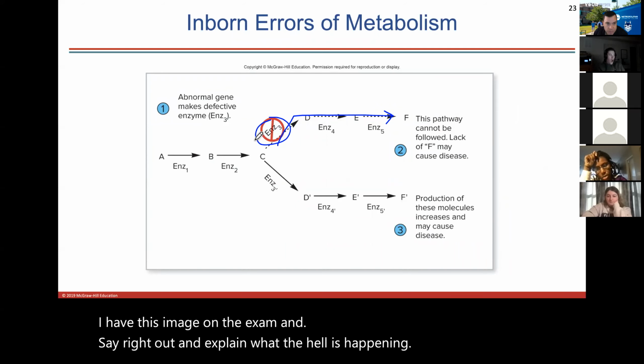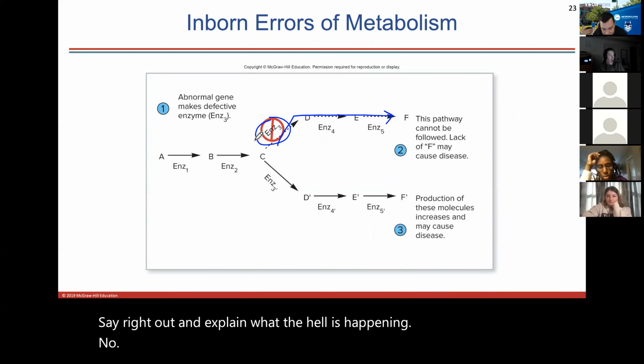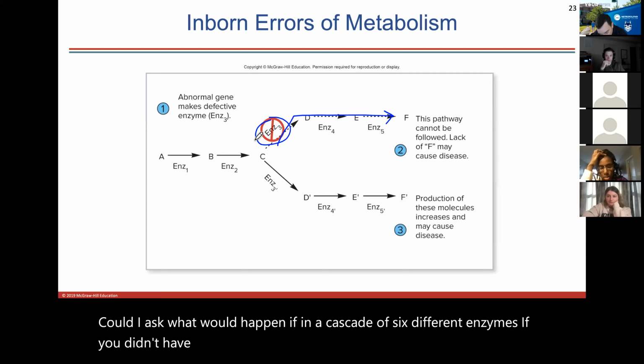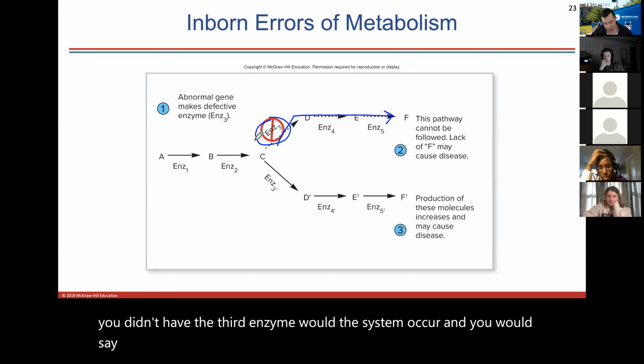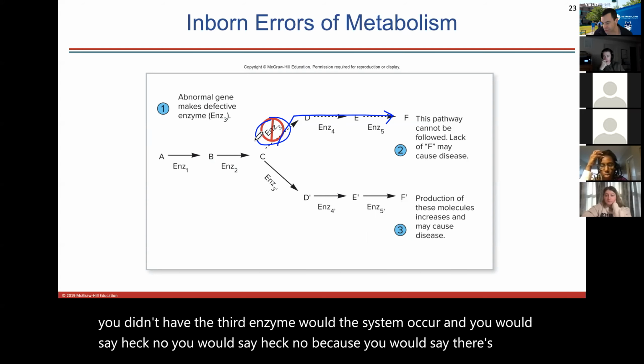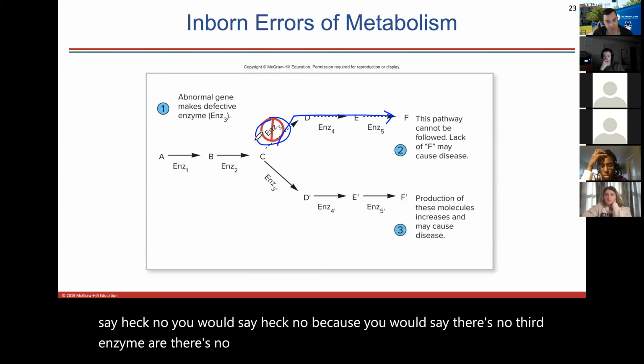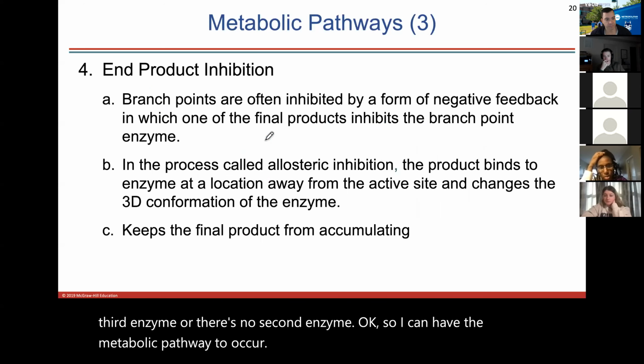No. Could I ask what would happen if in a cascade of 6 different enzymes, you didn't have the third enzyme, would the system occur? You would say, no, because there's no third enzyme or there's no second enzyme. So I can't have the metabolic pathway occur. And that's all they're trying to show you here.